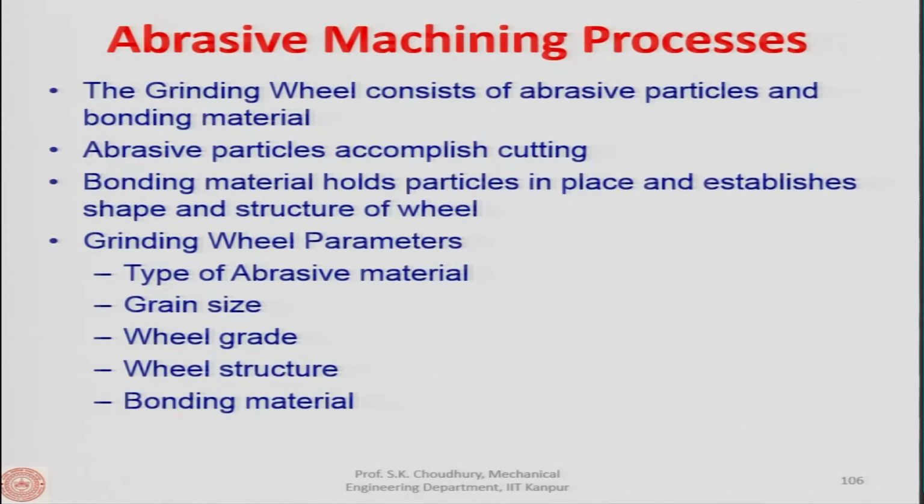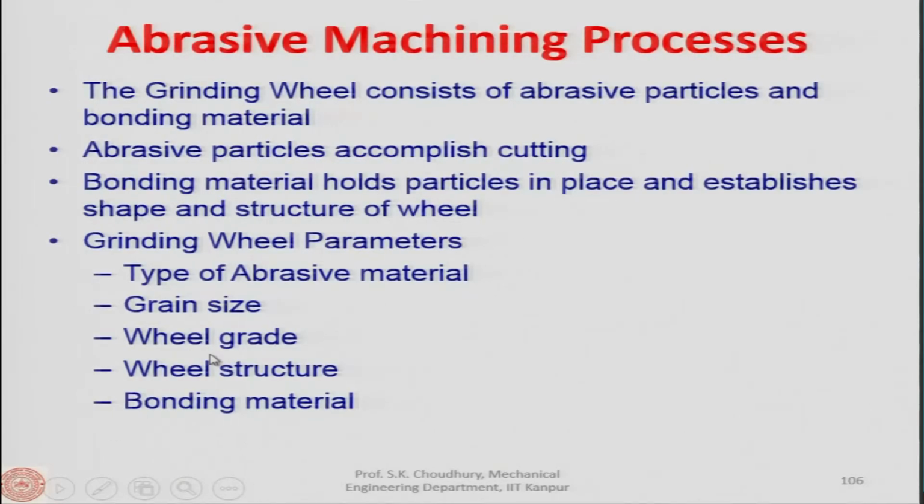It depends on the type of the abrasive particles, on the size of the abrasive particles, on what kind of grade the abrasive wheel has, or what kind of structure it has, or what is the strength of the binding material, or what is the bonding material that is used to fabricate the grinding wheel. So, all these 5 factors including the bonding material define the performance of the grinding wheel. Let us see one by one.